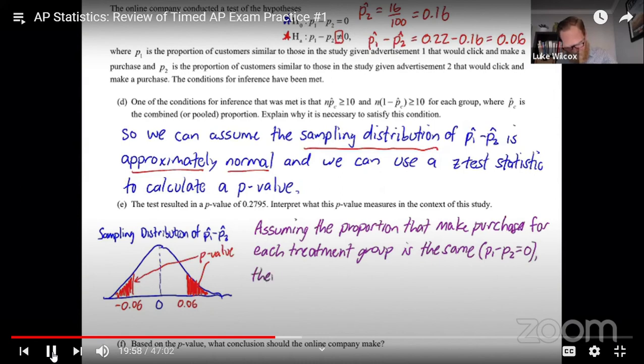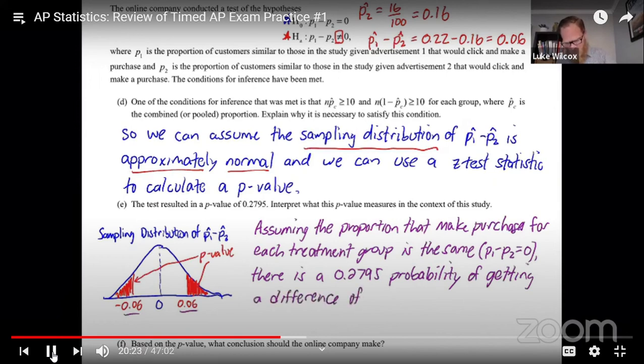There is a, and this is where we're going to give our p-value, which is a probability. Our p-value is 0.2795 probability of getting, now let's look at our picture here. We're trying to explain these values here of getting a difference of sample proportions of 0.06 or greater.